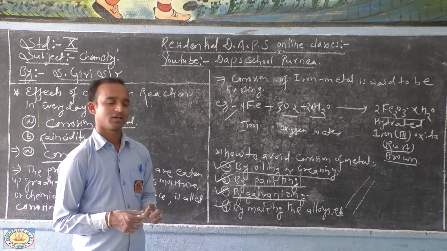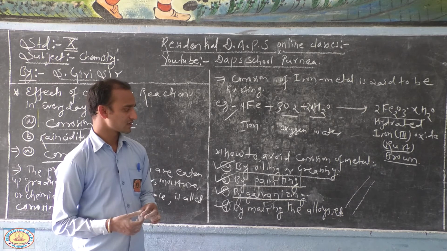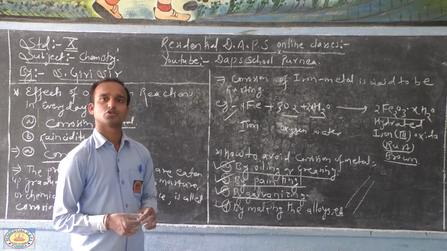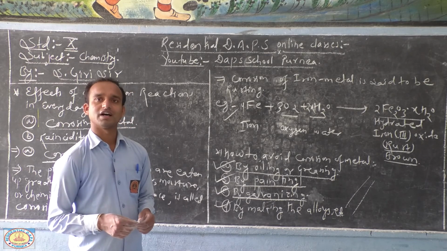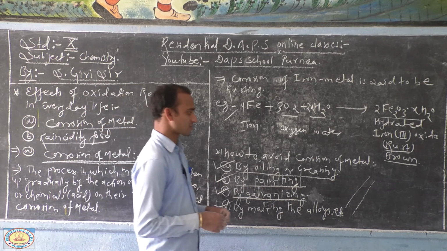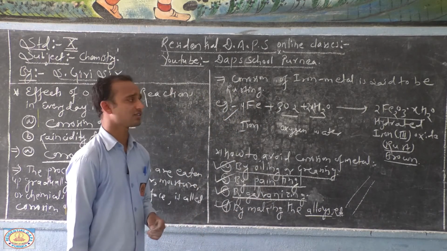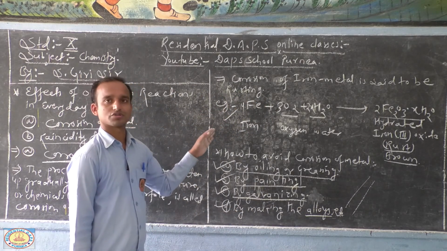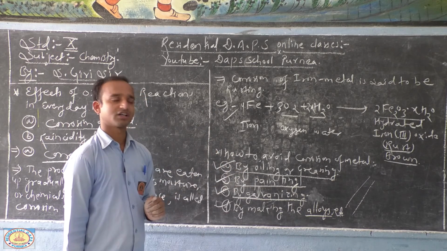When you make alloys of different metals and use that alloy to make your devices or tools, then to some extent the alloy prevents rusting or corrosion, and hence it can last for a longer period of time.